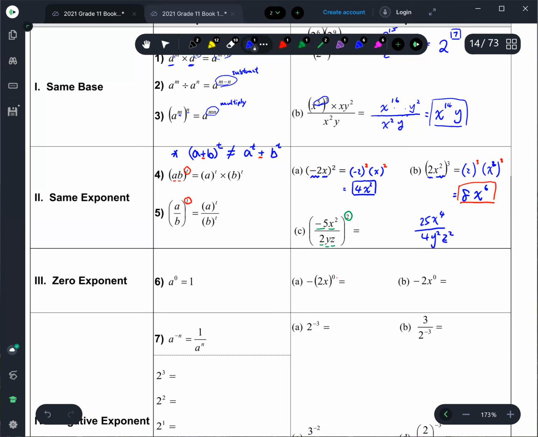Yeah, very good. So you share the square to each one of them. So -5 times itself, negative times negative becomes positive. Wilson, Naomi, and Mackenzie, any questions for this one?